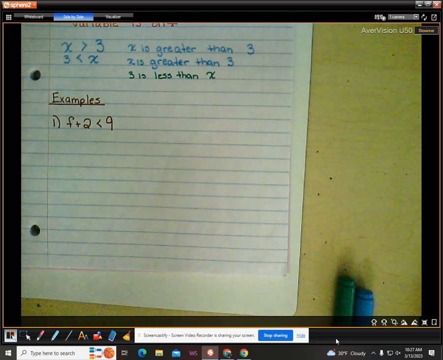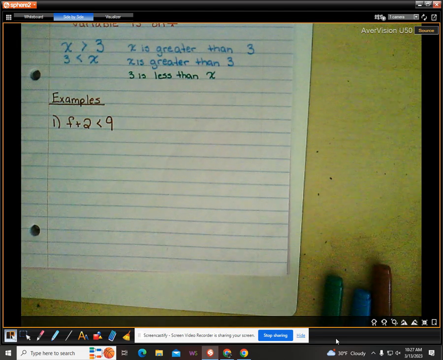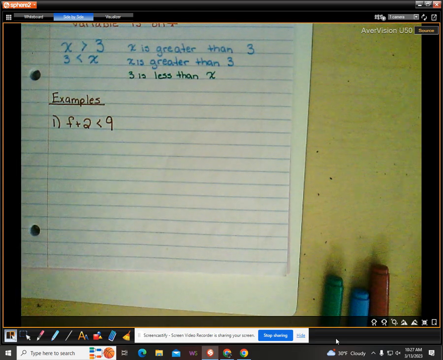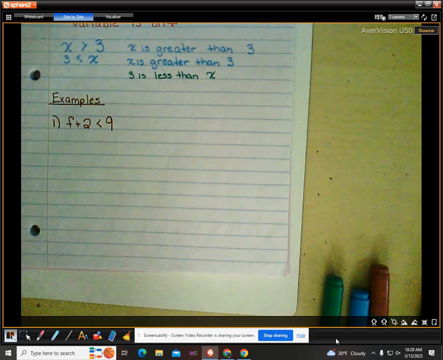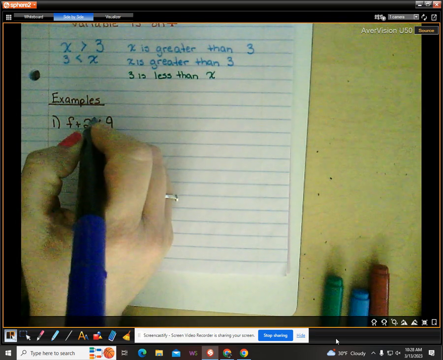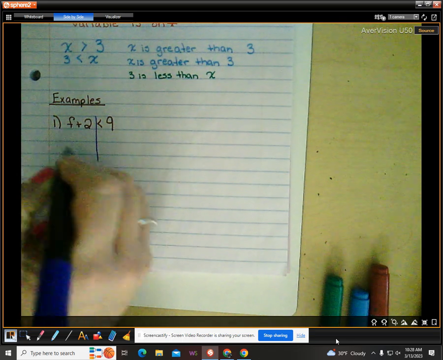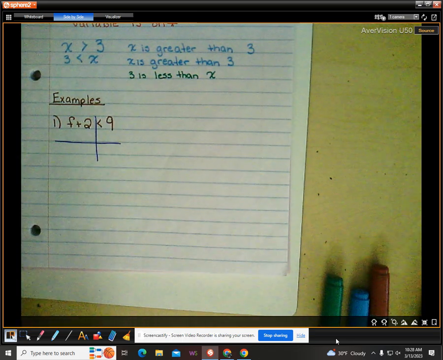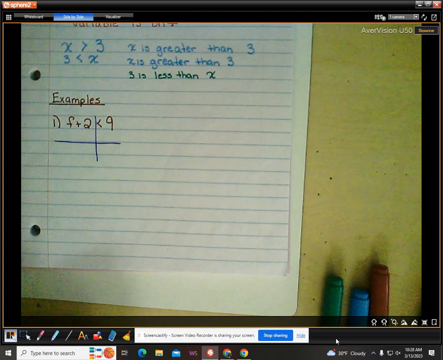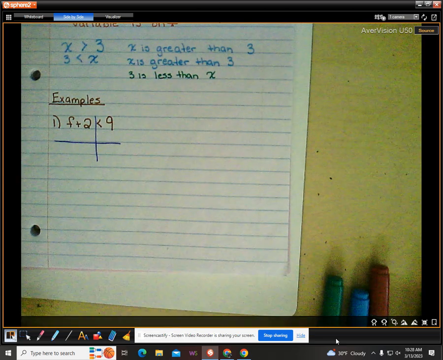You go about solving these the same exact way we solved problems the last 2 weeks. It's just we're not going to have an equal sign. We're going to have one of 4 inequality signs. So it is going to be super important that you divide these problems where the inequality sign is. That's why I tried to get you to do that the last 2 weeks.